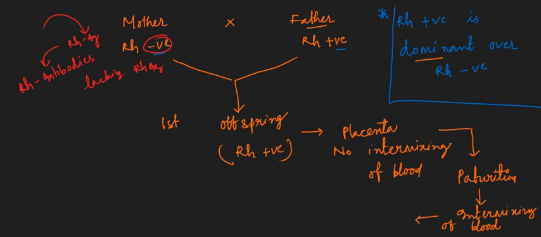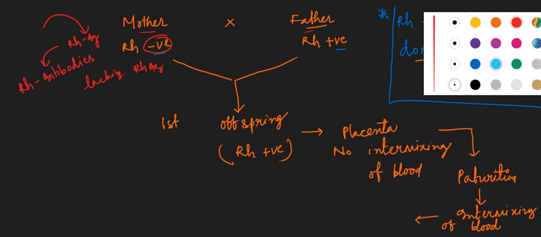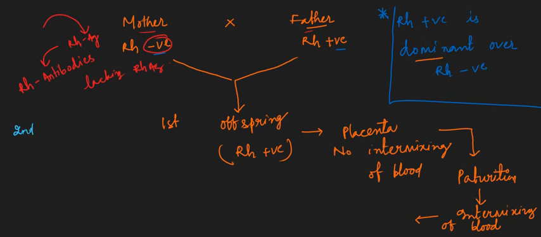So that is the first condition. If this couple is having a second child, what will be the consequences? Again the baby will be Rh positive, because Rh positive is dominant over Rh negative. Then what will happen? The mother now has these Rh antibodies.